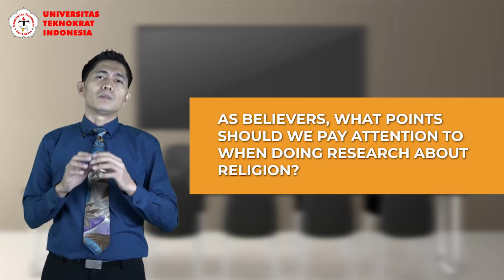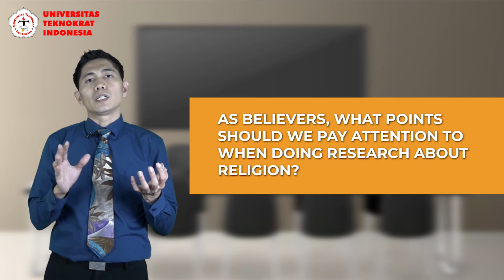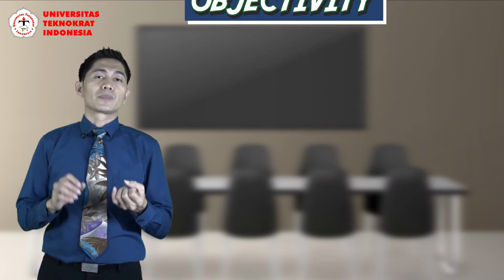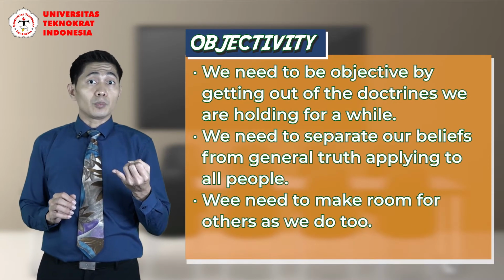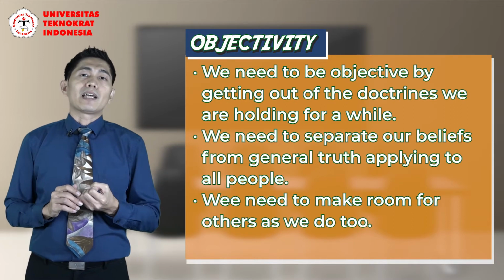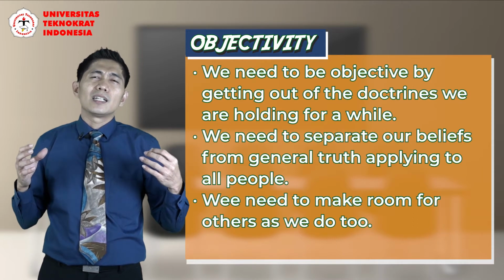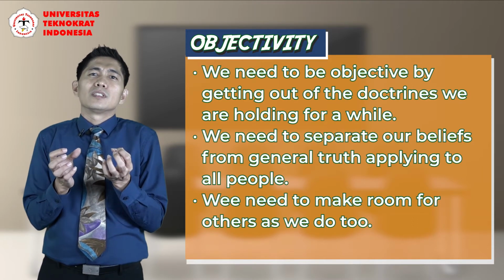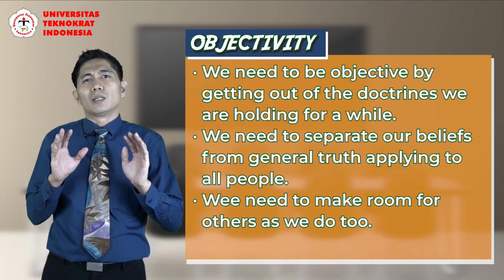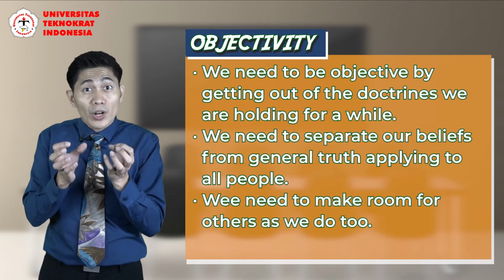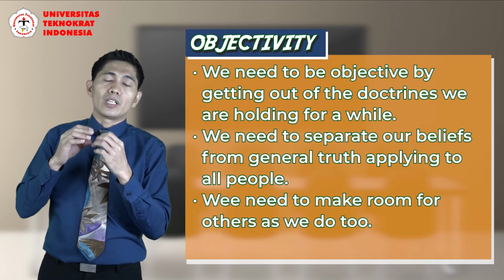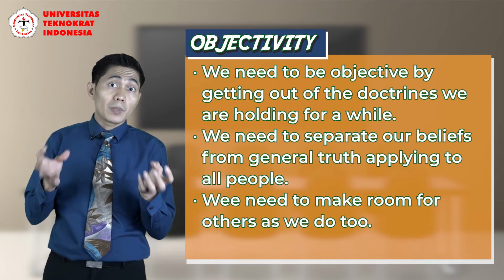Well, as believers, there are some points that we need to consider when we do research on religion. Number one is that we have to be objective. What I mean by being objective here is that we have to get out of our own religion for a while, get out of the beliefs and the doctrines that we are holding on to, so that we can clearly see and evaluate the doctrines of other people.